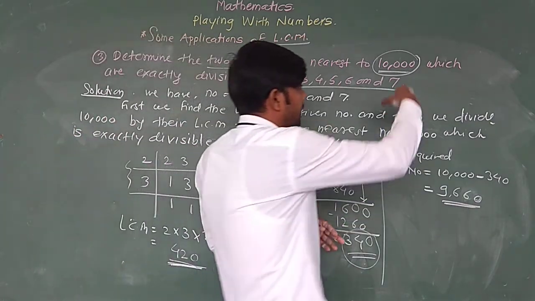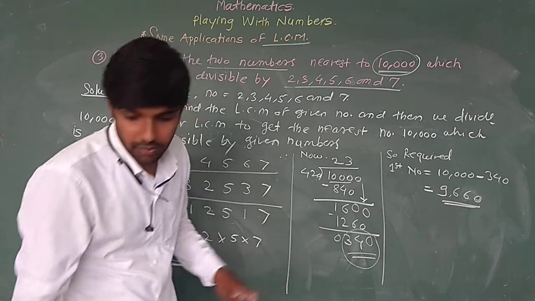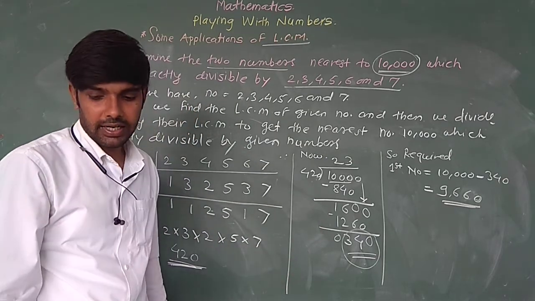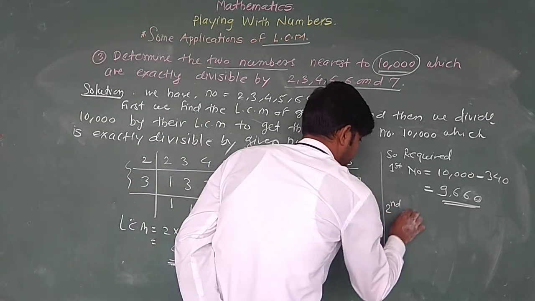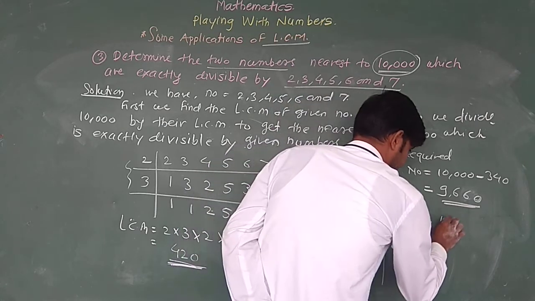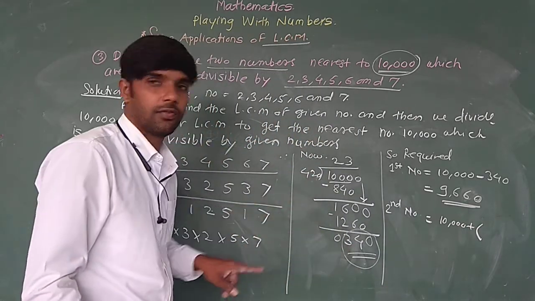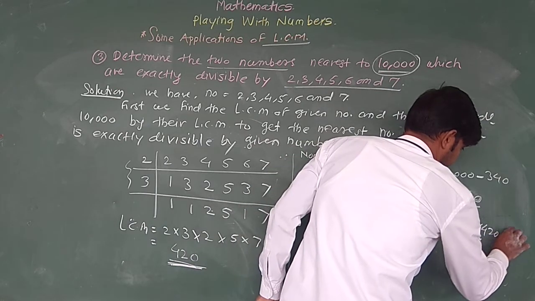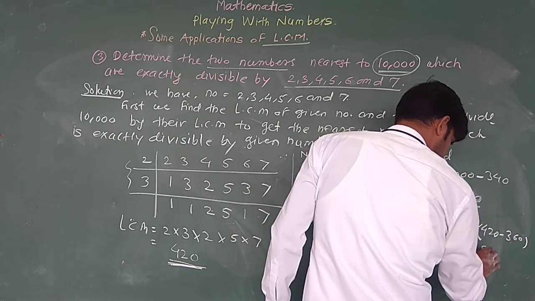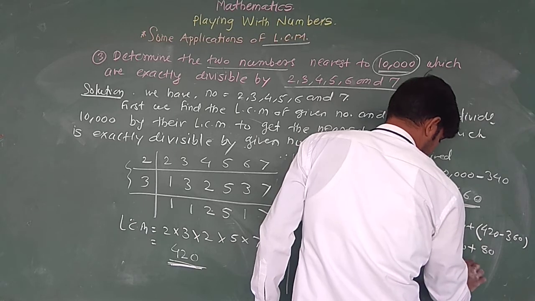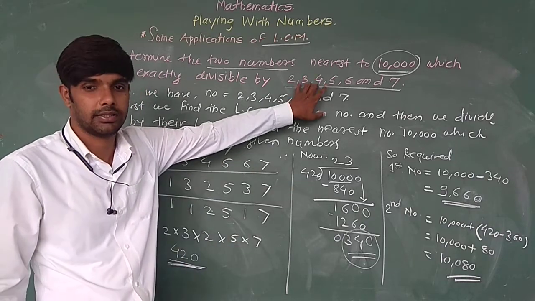Then we get the number nearest to 10,000 which is exactly divisible by these numbers. The number just greater than 10,000 that is exactly divisible by 420: the second number is equal to 10,000 plus 80, which is 10,080, the second number which is nearest to 10,000 and exactly divisible by these.